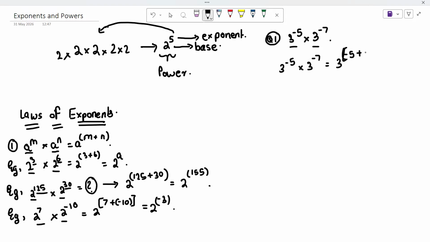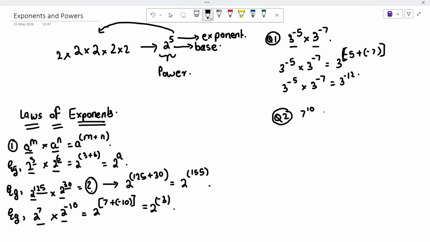Wait, I'll just make this bracket different. Plus minus 7. So this is nothing but 3 power minus 12. Very easy. Let's do a different question.